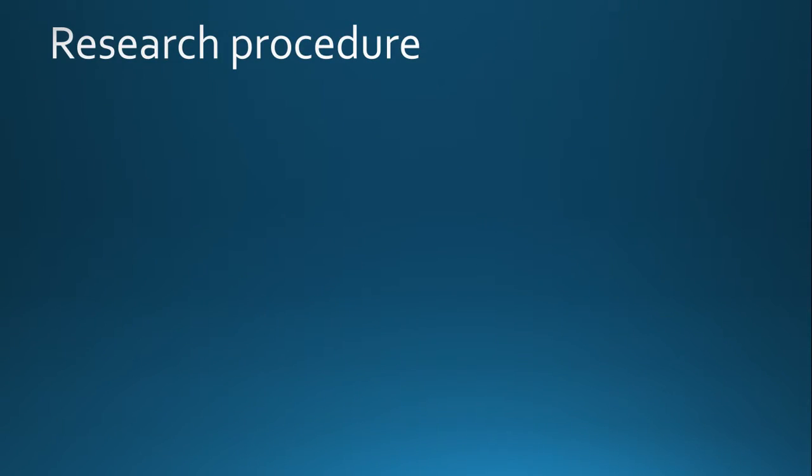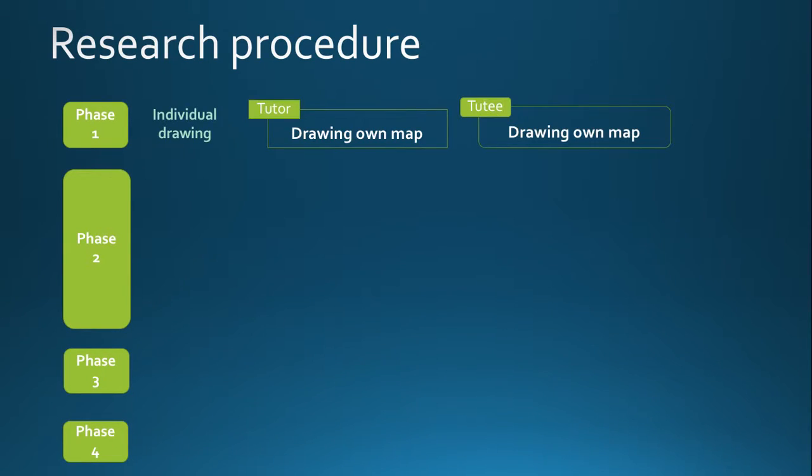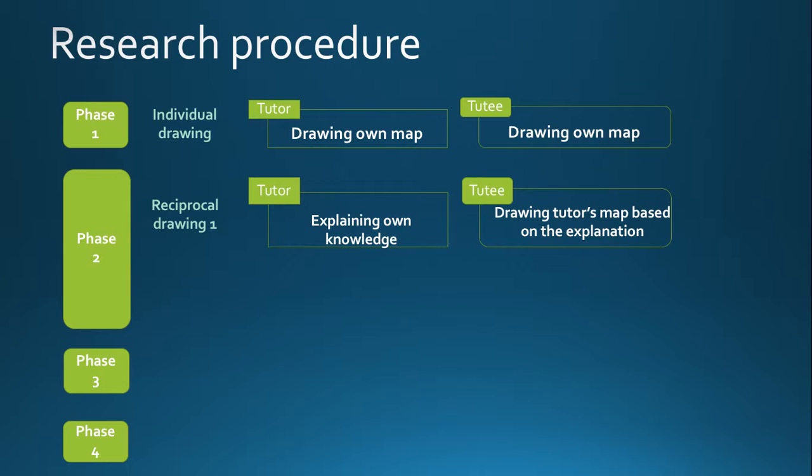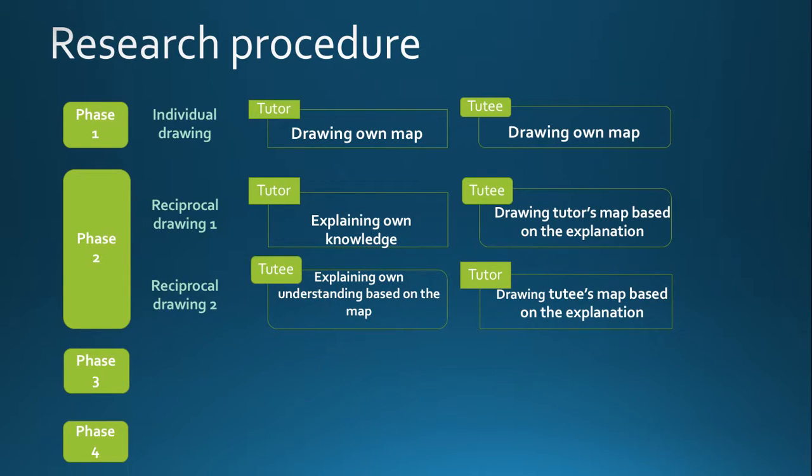And here is the research procedure. There will be 4 phases. At the first phase, tutor and tutee will draw their own knowledge on a concept map about the topic individually. In the second phase, they will follow the procedure of reciprocal concept map activities.